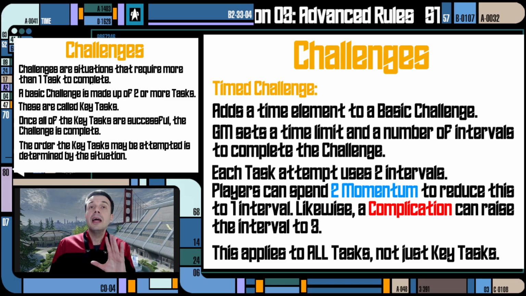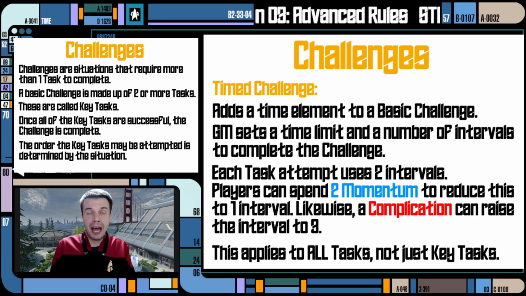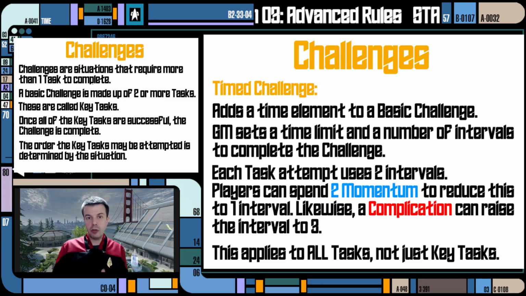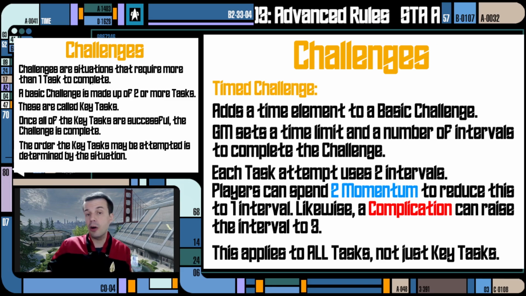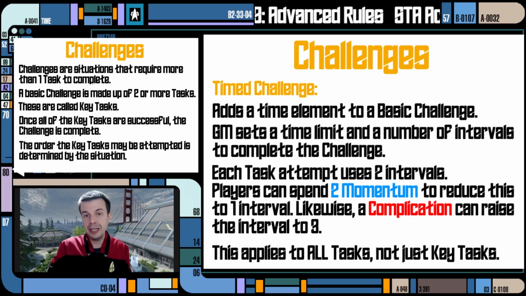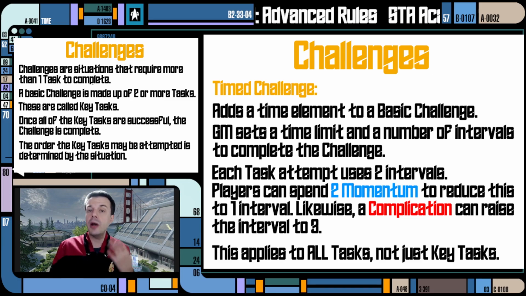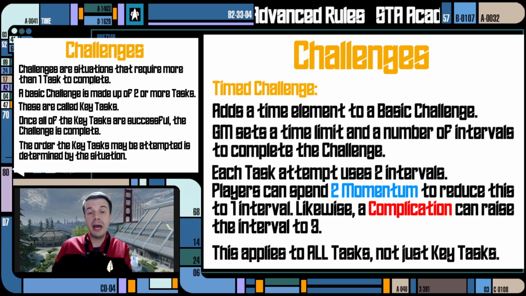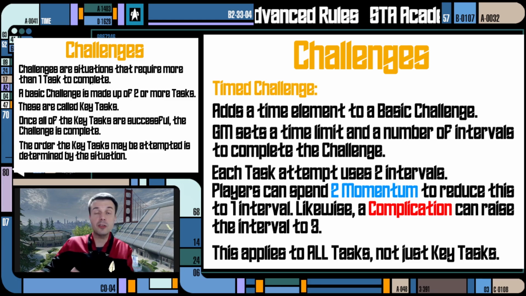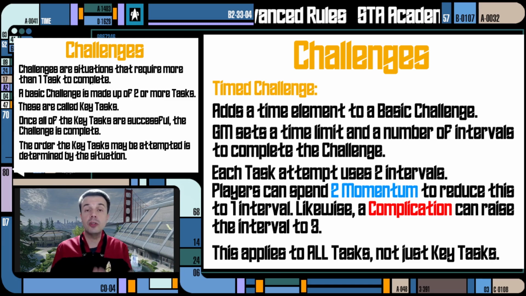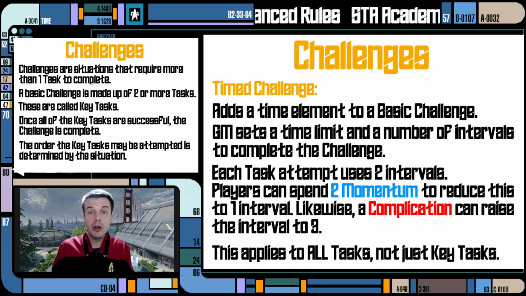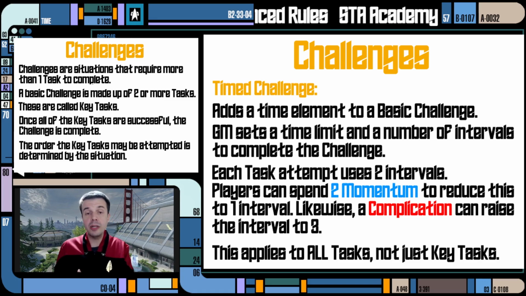But this time limit aspect has to apply to the whole story as well. So there might be other things going on that are not key tasks in a time challenge, but you have to keep the time limit in mind. So if what's happening is a side task, maybe another player is doing a task to establish an advantage for the time challenge, this is going to take time too.